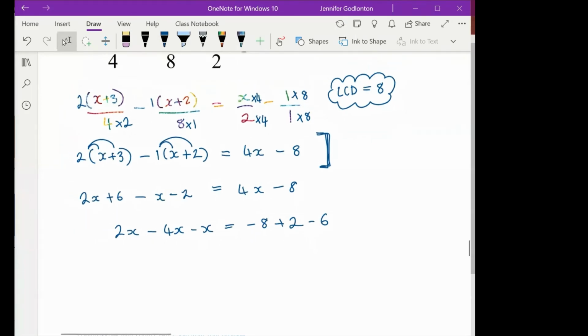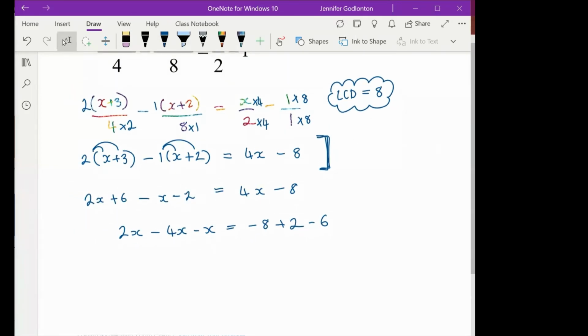Next step. And then you're just going to say 2 minus 4 minus 1 between the x's because the values are the same. Good. And so what does that give me on the left? That will give you negative 3. Good. And on my right-hand side? I got negative 16.